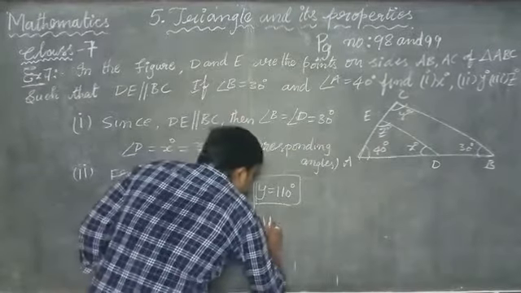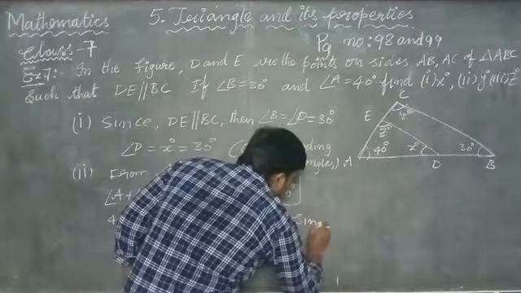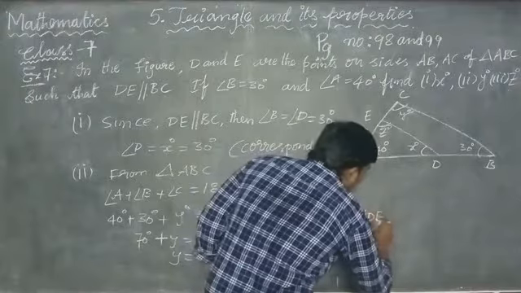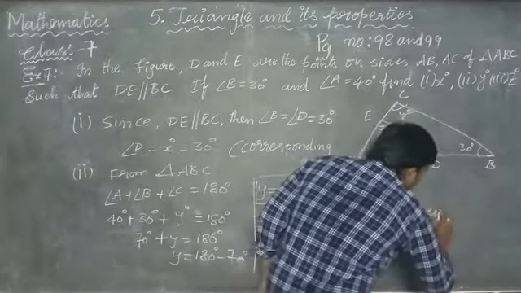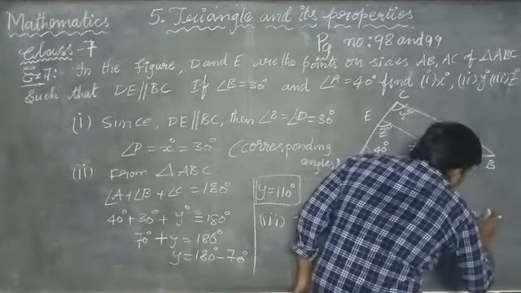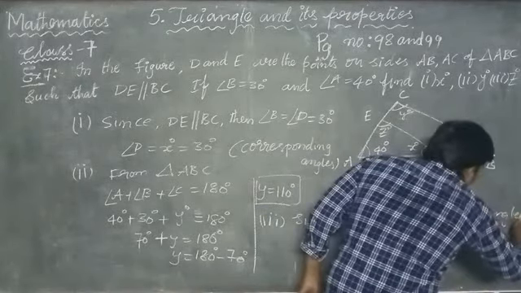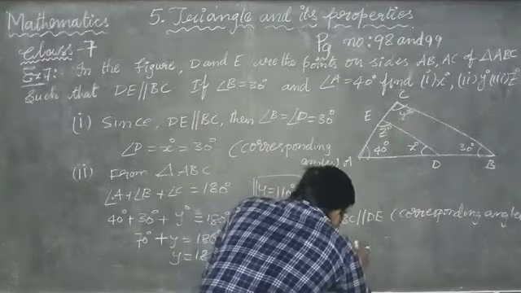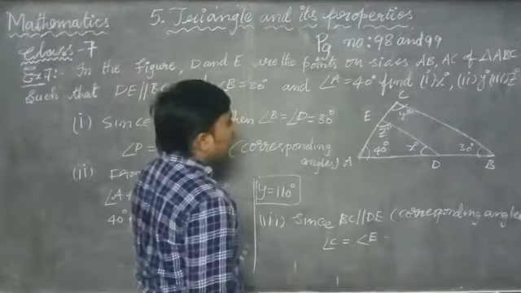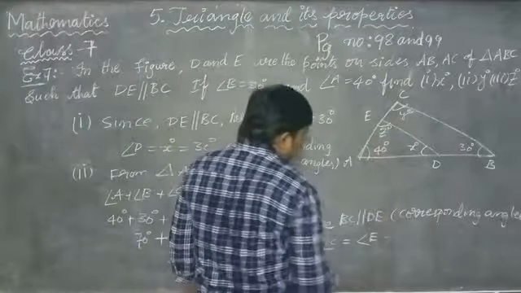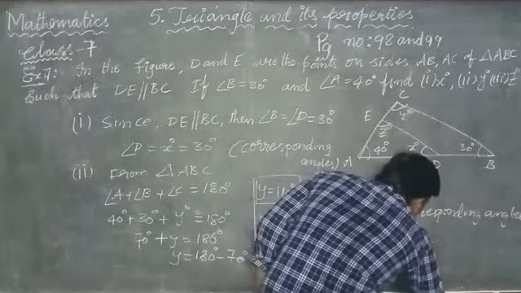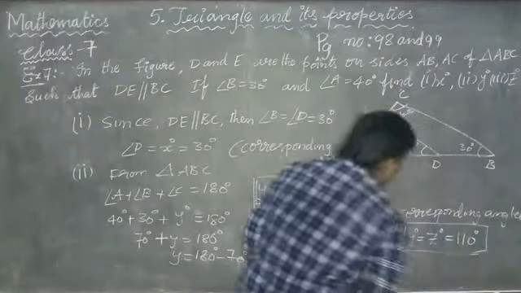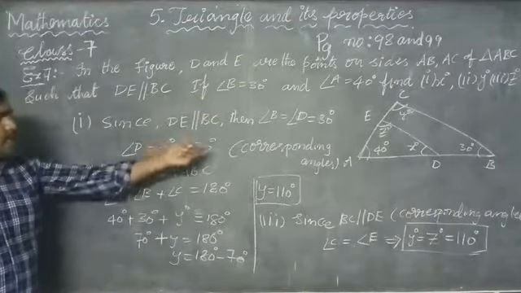So the third one: since BC is parallel to DE, from corresponding angles, angle C equals angle E. It means y degrees equals z degrees equals 110 degrees. In this way we can find x, y, z in the given figure.